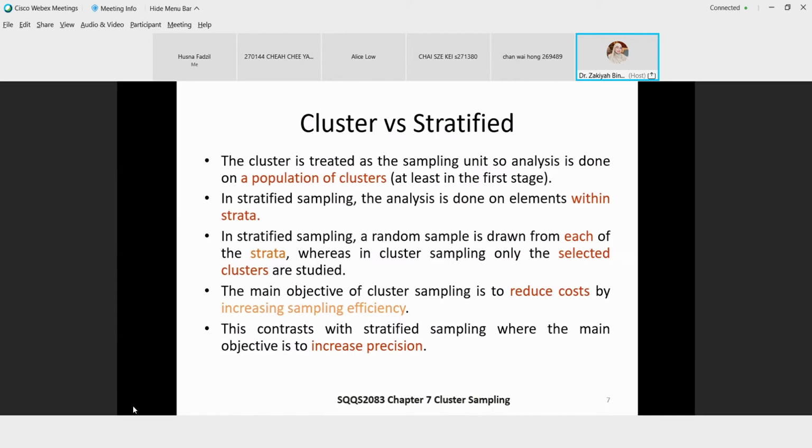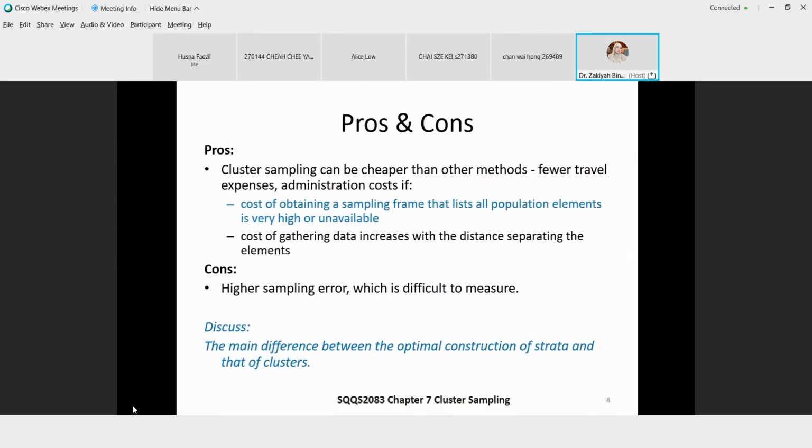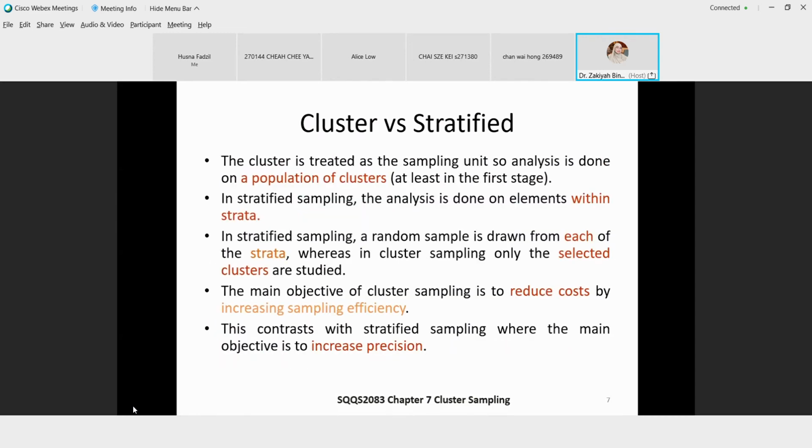How not to be confused? Start drawing your own examples or your own diagrams on how to distinguish between these two. Now, if you read the textbook, they talk about within stratum and within cluster, what are the characteristics.